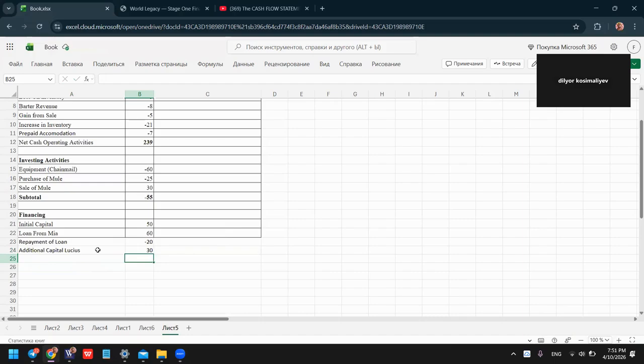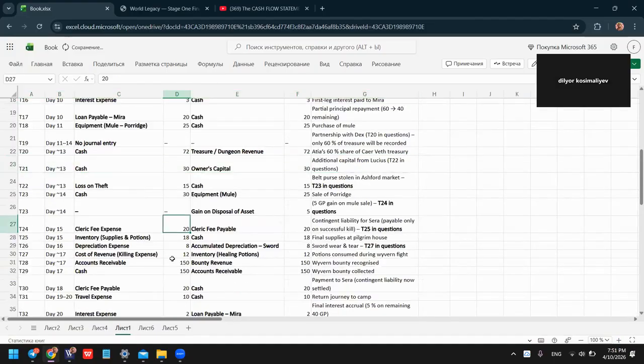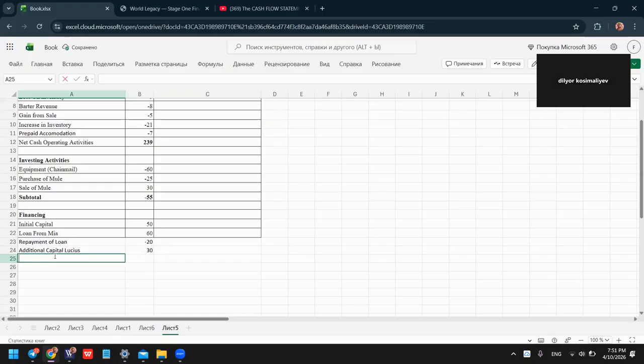It's also in financing because she got a bonus for the work that she did. And now it must be it. So now we calculate the total for financing activities. It's 110.